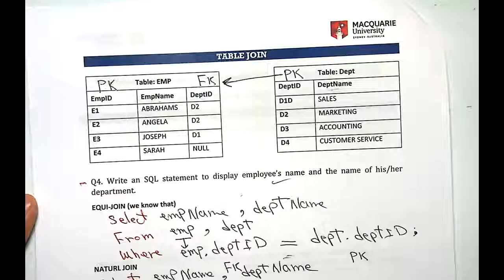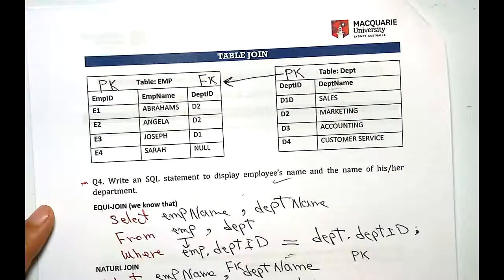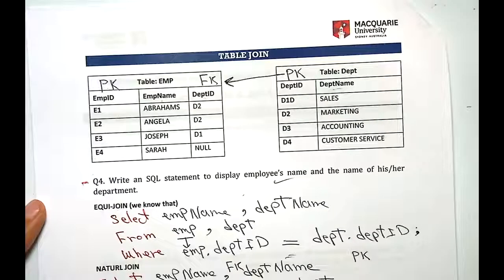And when we join, we say FROM emp NATURAL JOIN and the other table, which is dept. Okay, that's it.